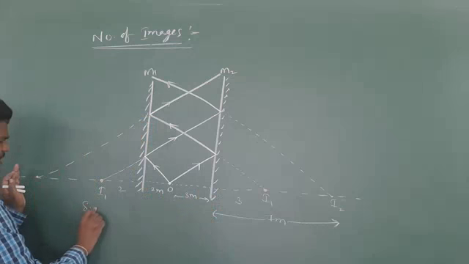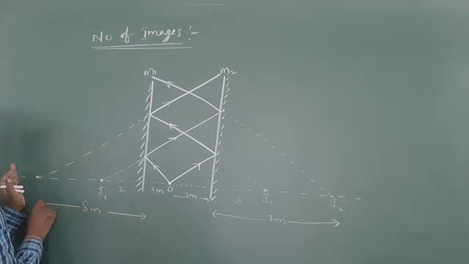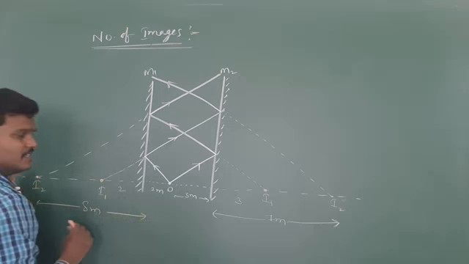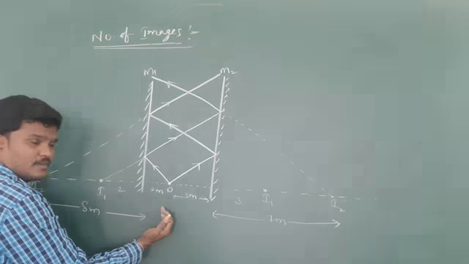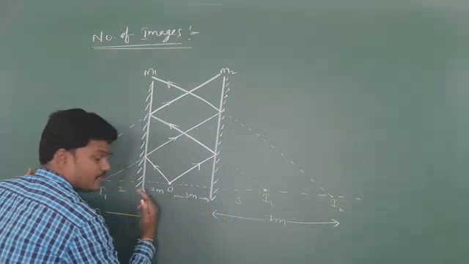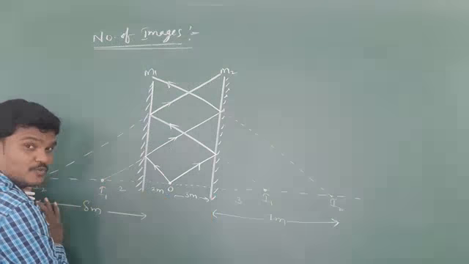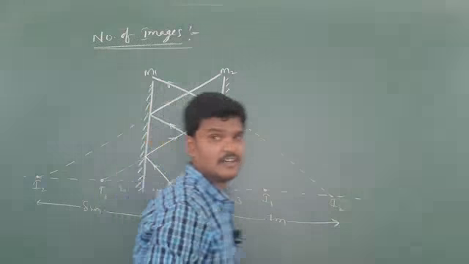Now this is how much? 8 meter. What is the distance between second order images? 7 plus 5, 12, 12 plus 8, 20. Distance between second order images.